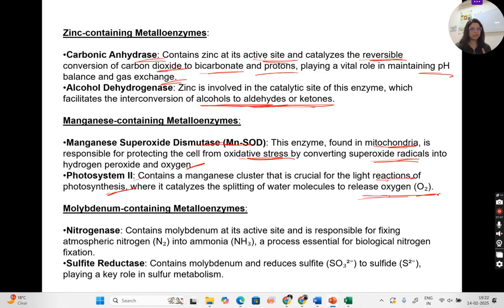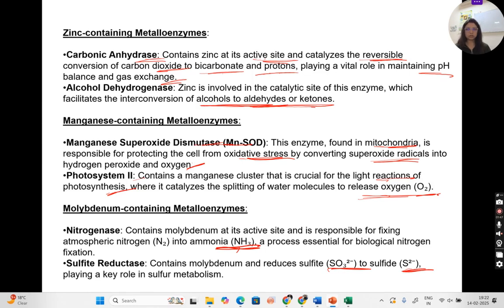Molybdenum: we already studied nitrogenase, which helps convert nitrogen into ammonia and contains molybdenum. And sulfite oxidase contains molybdenum and converts sulfite to sulfate, playing a key role in sulfur metabolism.